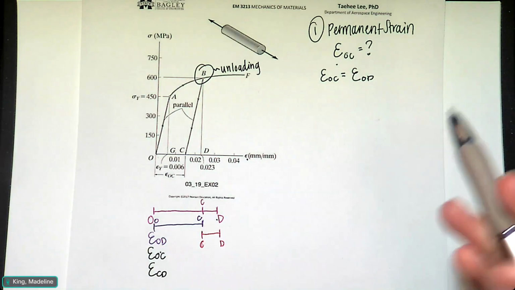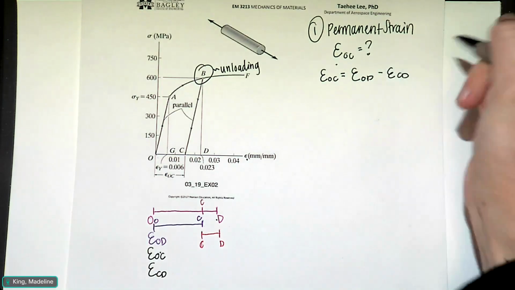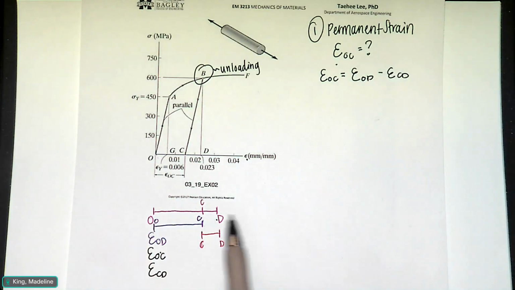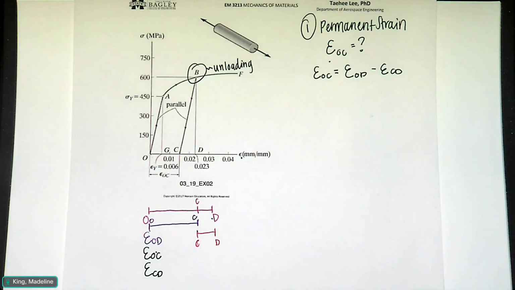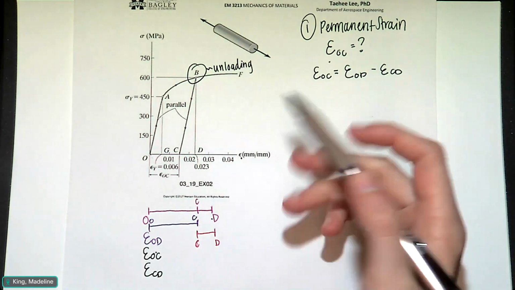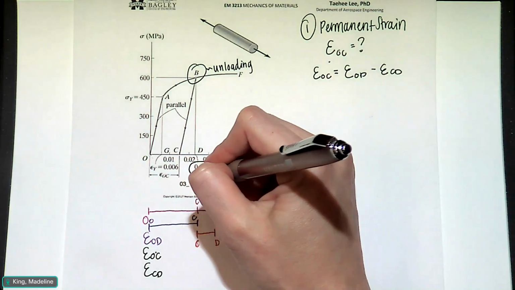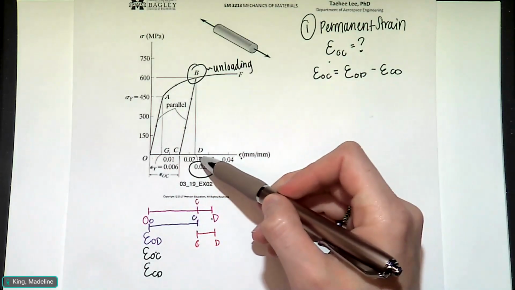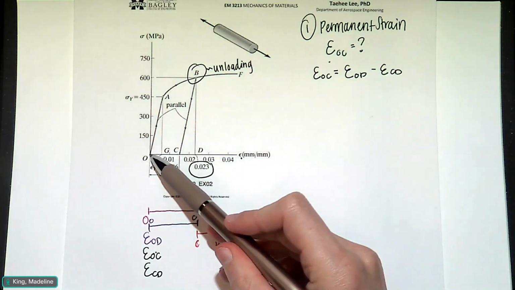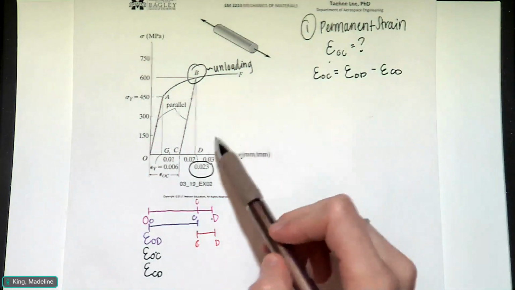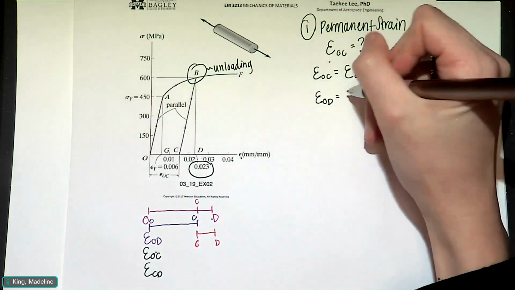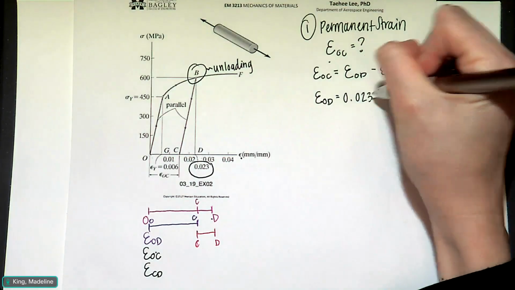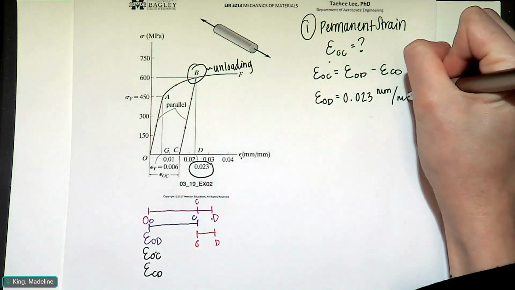If we subtract epsilon CD from it, then we'll get the remaining epsilon OC, which is what we're trying to get. So in our problem statement, they were very nice, and they already gave us the epsilon at point D, which is the total from point O to point D. Okay, so epsilon OD is equal to 0.023 millimeters over millimeters.